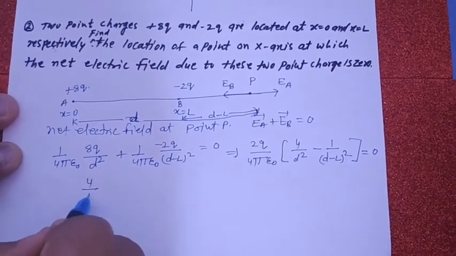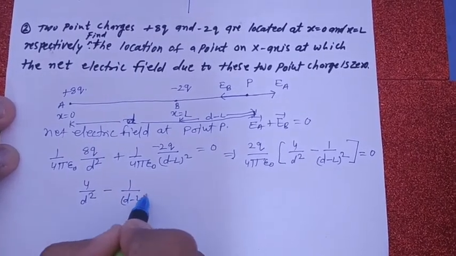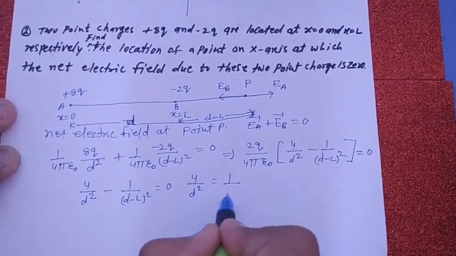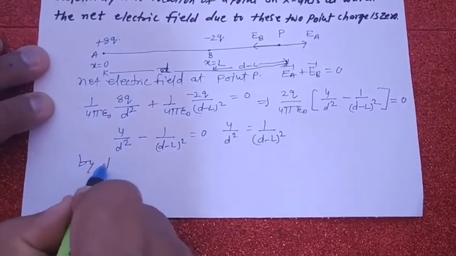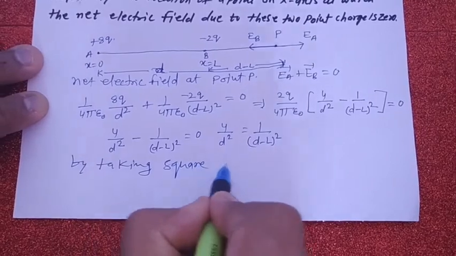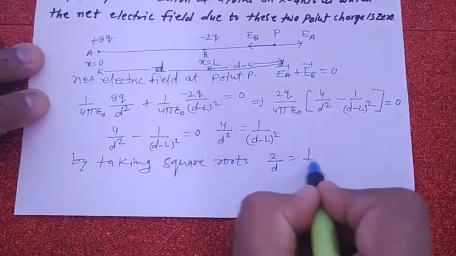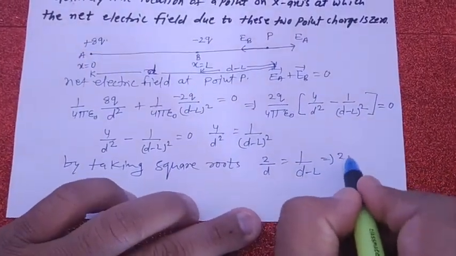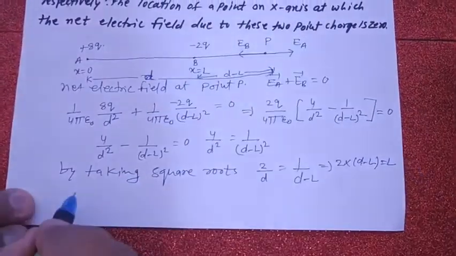So 4 upon d square equals 1 upon d minus L square. By taking square roots, 2 upon d equals 1 upon d minus L. From this what we get? 2 into d minus L equals d. So 2d.